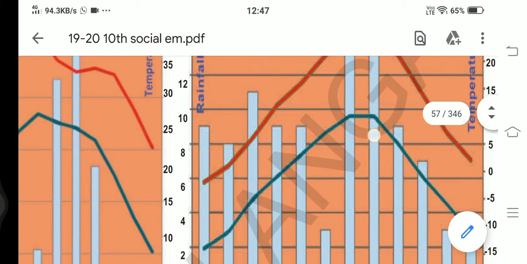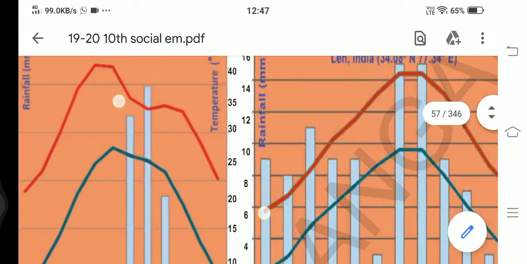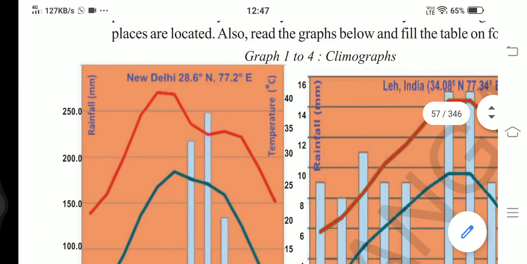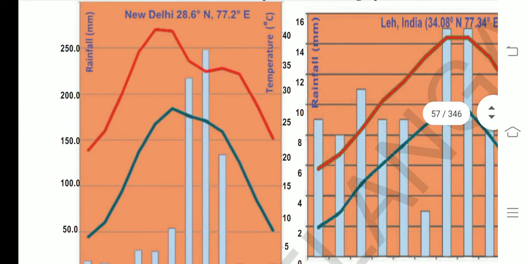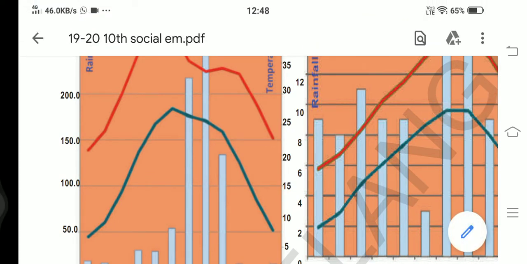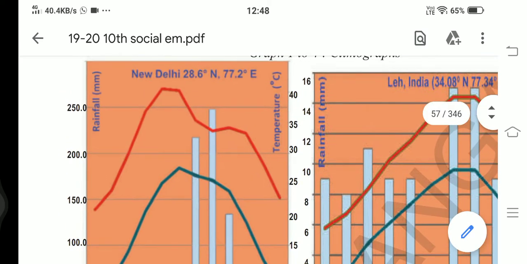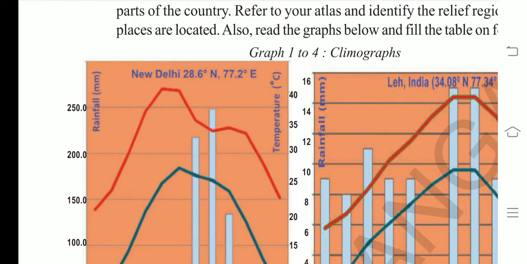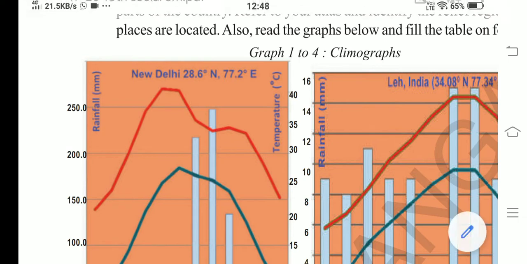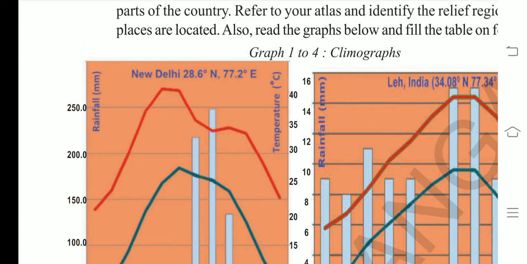Whereas Delhi, taking you to Delhi, it is 23 degrees centigrade mean maximum temperature, reaching the highest point, that is 45. So there is a lot of difference in the mean maximum temperatures of New Delhi and Leh.